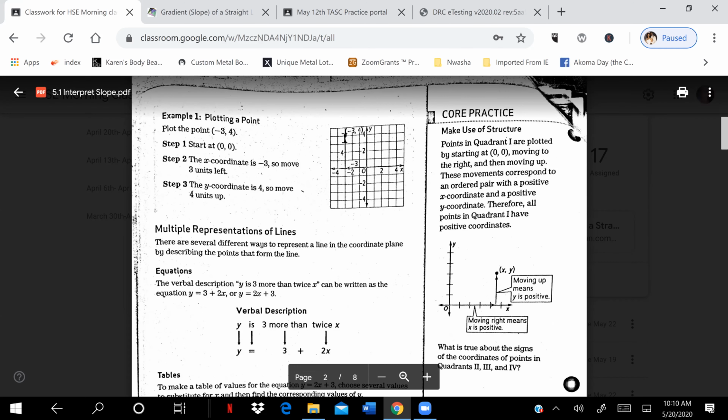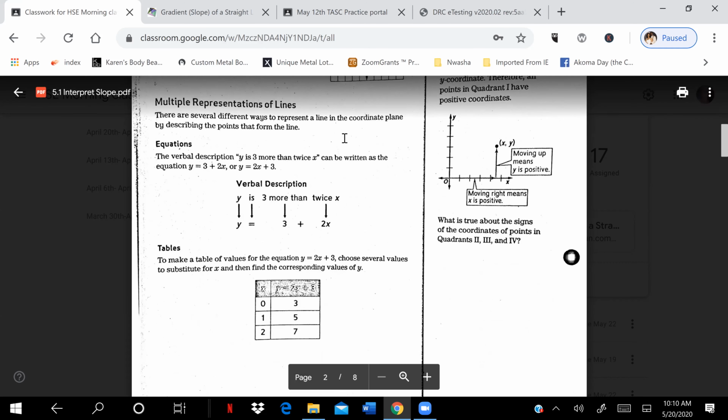This is where we're getting into combining the graphing with algebra. So this is back to algebra. It's just that occasionally you can get some shapes on the graph. So we're going to blend the geometry and the algebra and do a little bit of that after we finish this 5.1. So this equation is for a straight line, and it's saying there are several different ways to represent a line in a coordinate plane by describing the points that form the line.